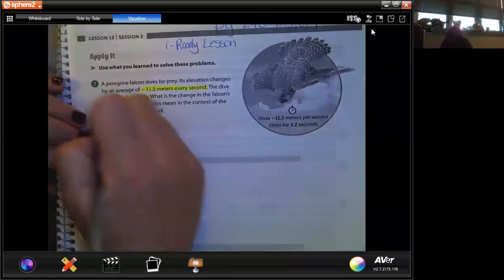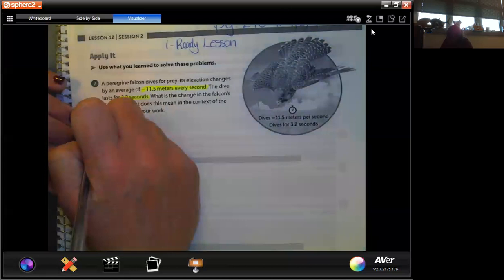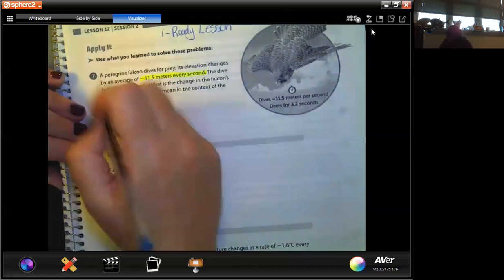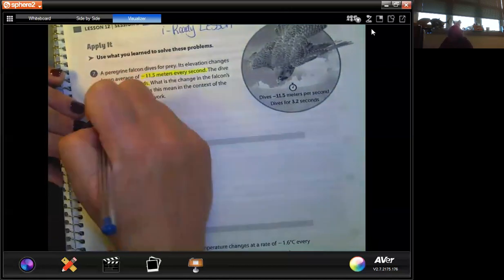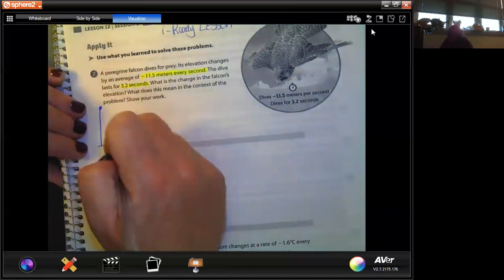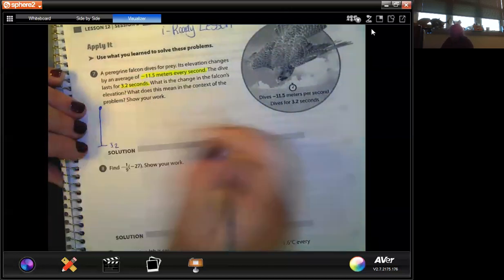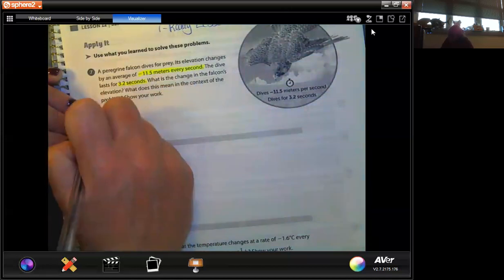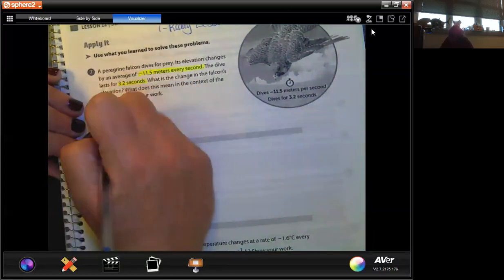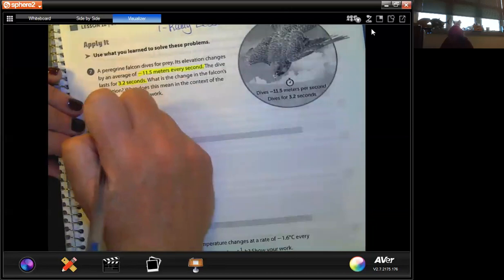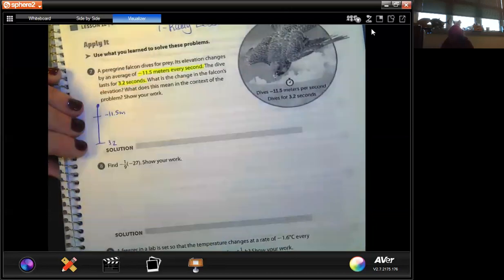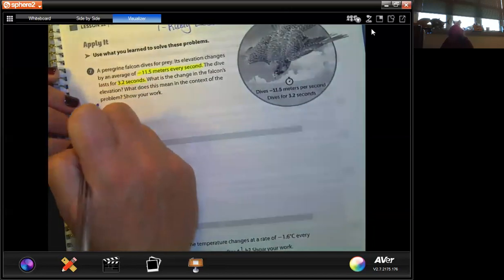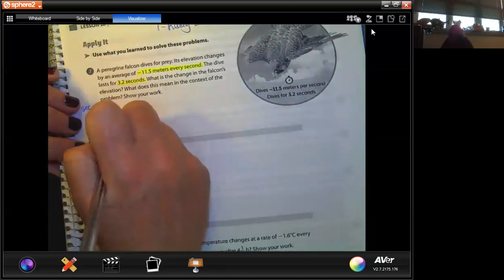So here's the bird right here. I can't draw birds, so you get a dot. We know that it's diving down, and it dives down for 3.2 seconds. Every 1 second, it's gone down that many meters. At 2 seconds, it's gone down another 11.5.